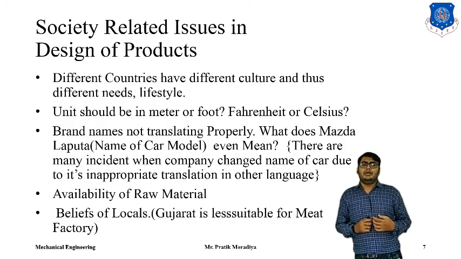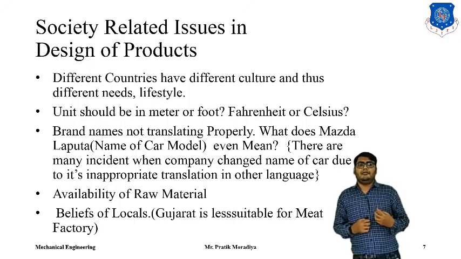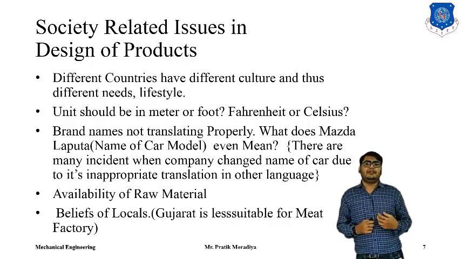For example, in Gujarat, if you want to set up a meat factory, then it can turn out to be a very bad decision, because most of the people in Gujarat are vegetarians, and most of the people in Gujarat believe that animals should not be harmed. So a meat factory in Gujarat might be a bad idea.